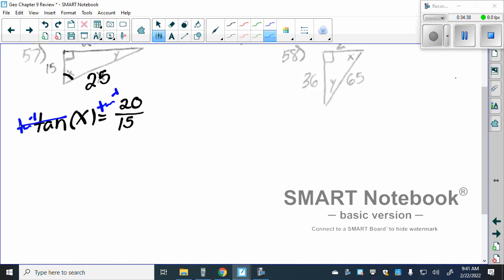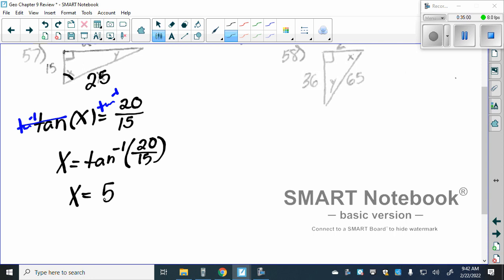Because tangent and tangent inverse will cancel, telling me that the angle x is equal to tangent inverse of 20 over 15. And if we type this in, we get 53.13 degrees.